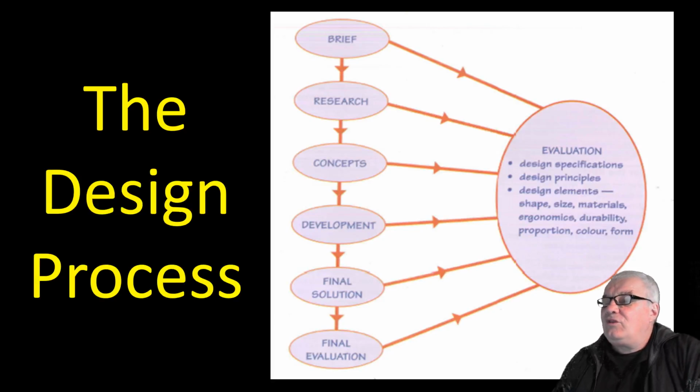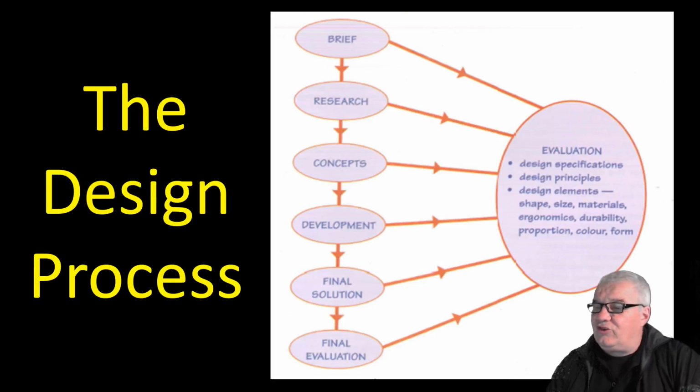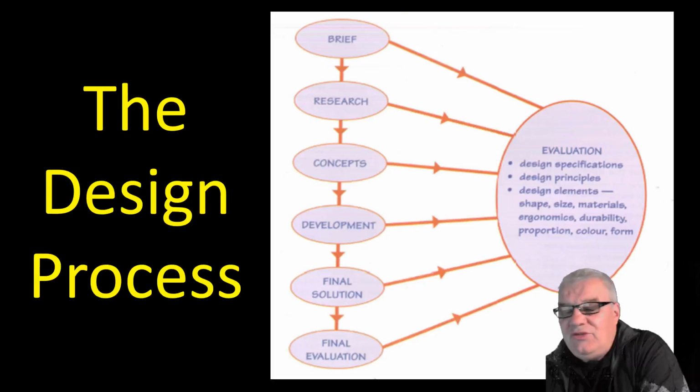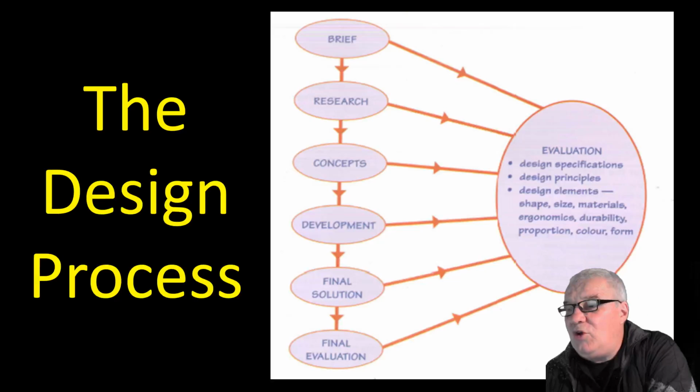But once you've got through that stage, you've got that nailed, then you come up with some concepts. Now, the expectation is that each group or team will come up with a minimum of 3 concepts.